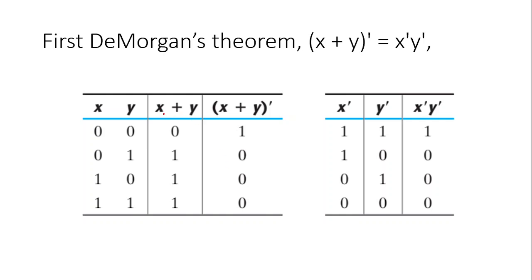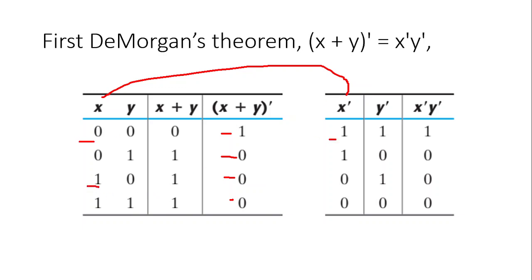Now take the complement of this. If x plus y is 0, the complement of it is 1. If x plus y is 1, then the complement is 0. Now take the complement of x itself. When x is 0, x bar must be 1.